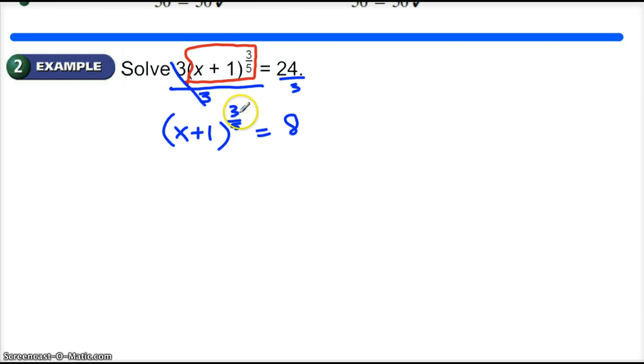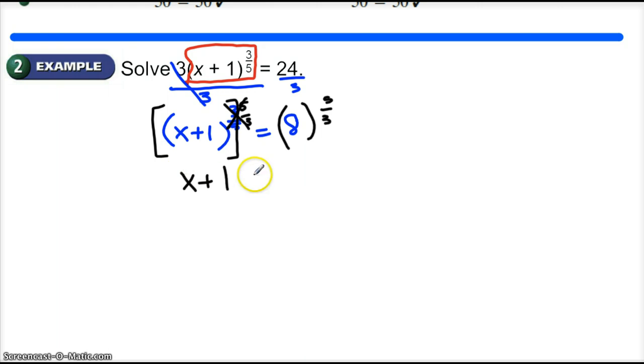So we're going to raise this to the 5/3. What we do to the left, we have to do to the right, otherwise it's an unbalanced equation, and we've altered the problem instead of just trying to solve the problem. Now these cancel, and we are left with x plus 1 on the left, and then this equals.